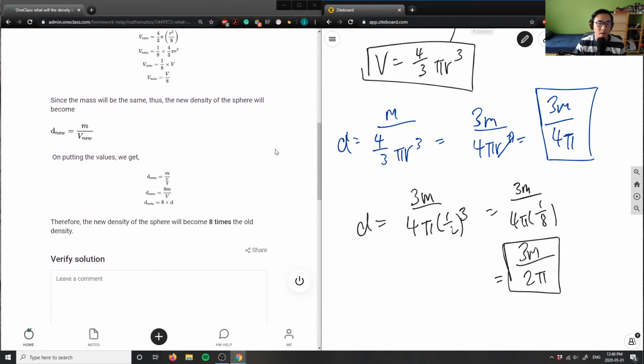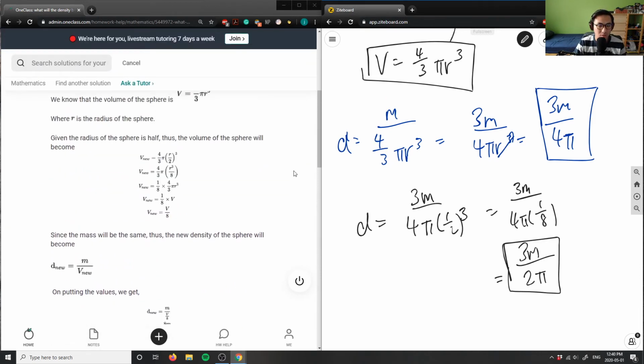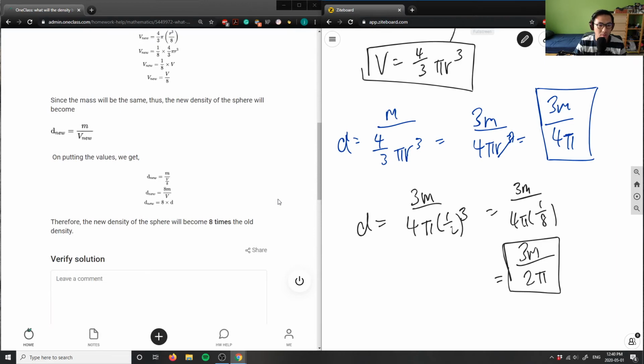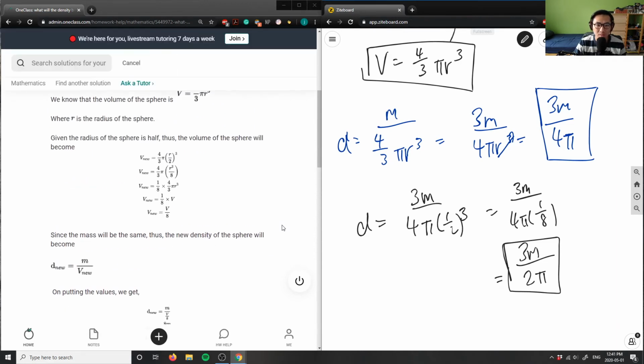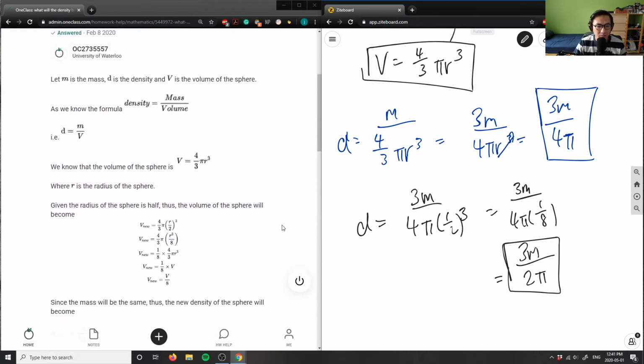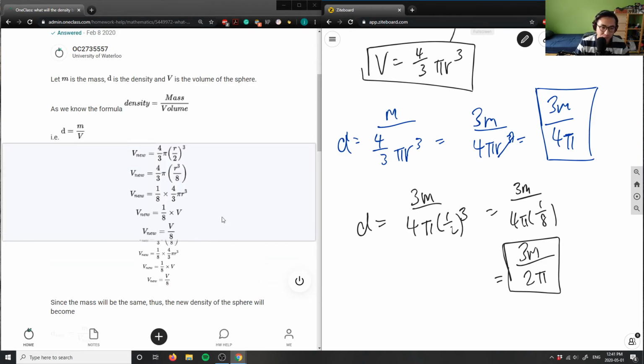So again, this solution says the new density is 3 times. Sorry, just give me a second here. I don't know why it says 3 times here. So V is, again, 4 pi over 3.